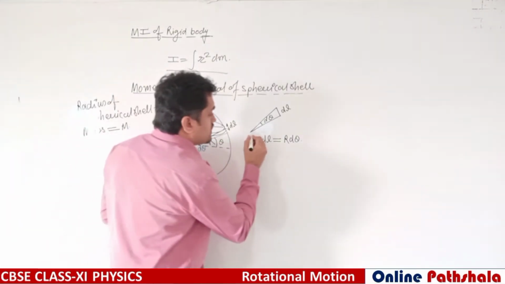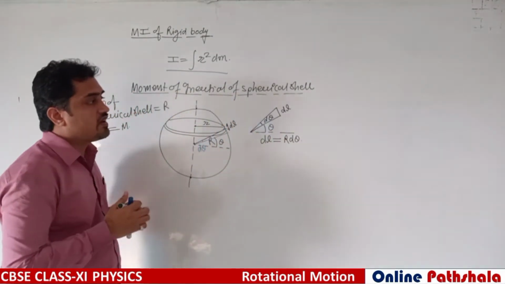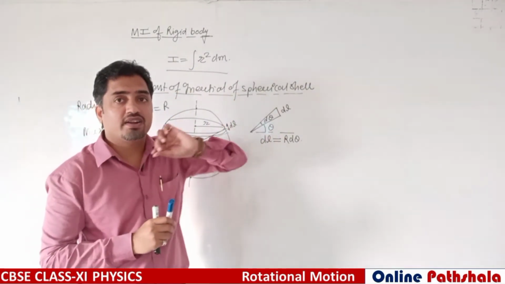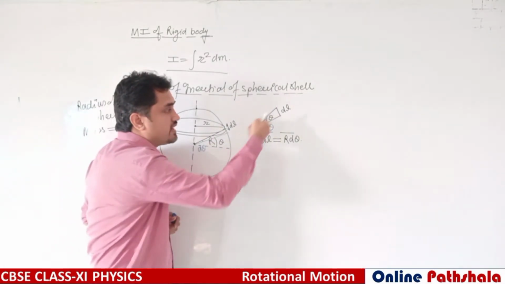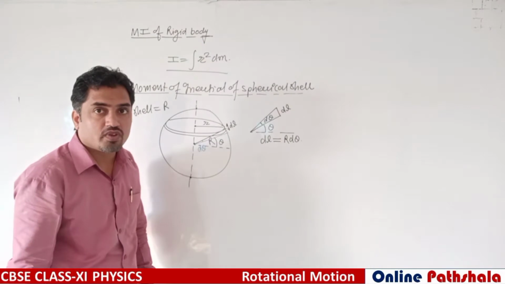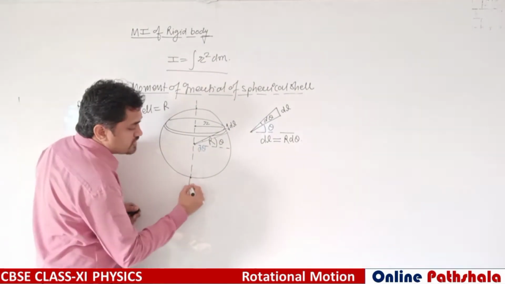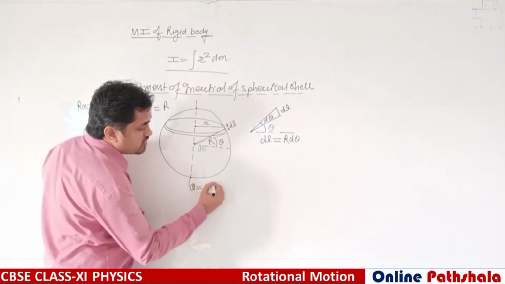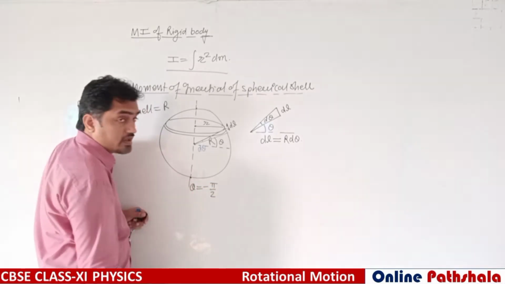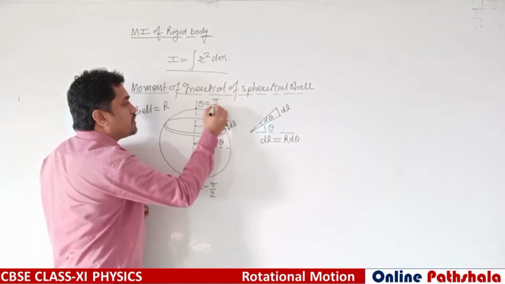Okay. So, with the horizontal, let us consider this differential part; the radial vector of the differential part is making angle theta. So, the value of theta at the lowest point is equal to minus pi by 2, and at the highest point theta is equal to pi by 2.